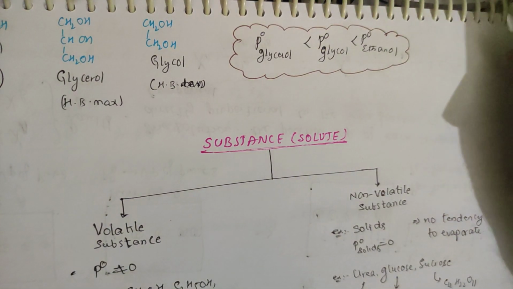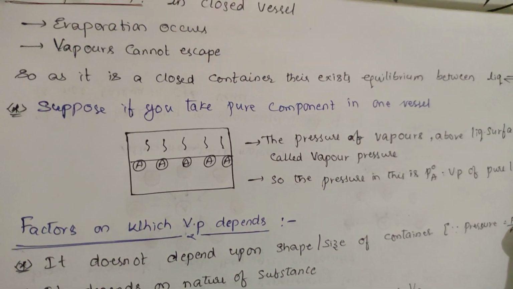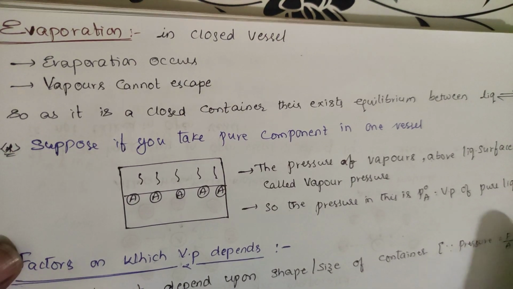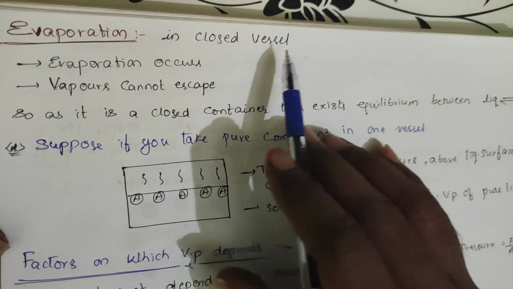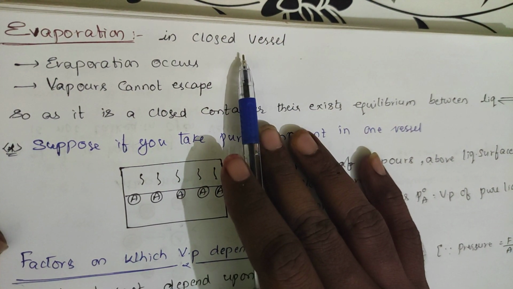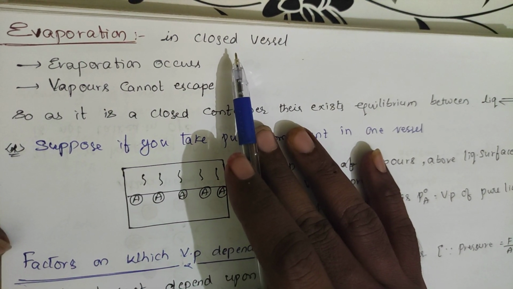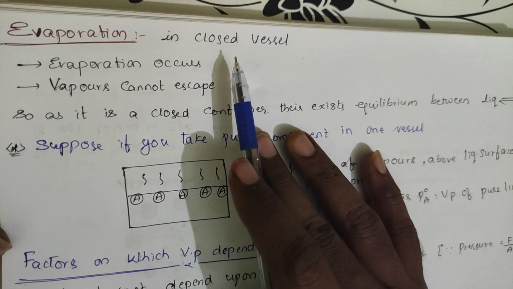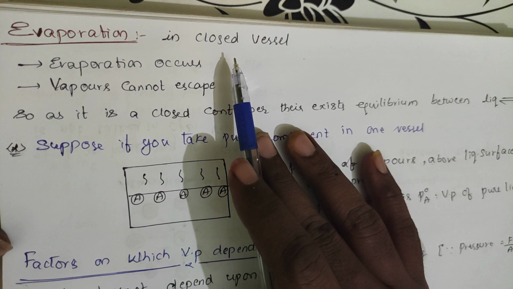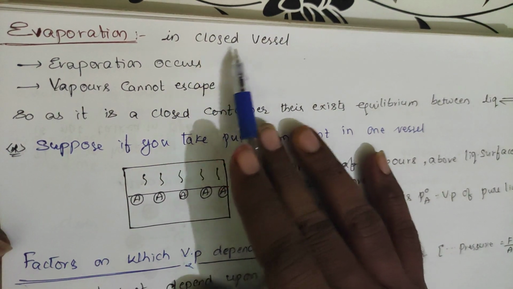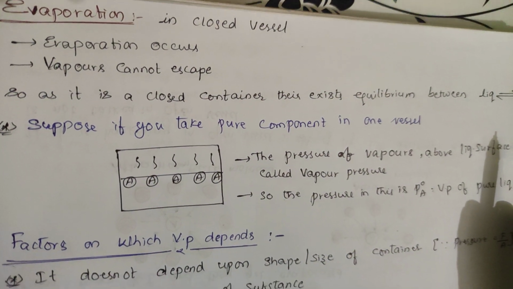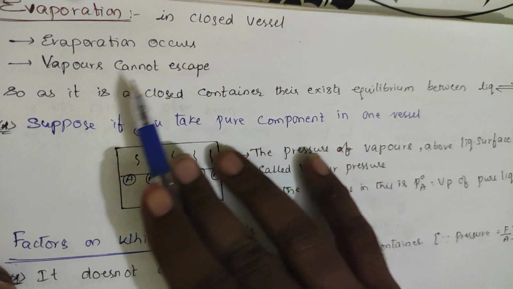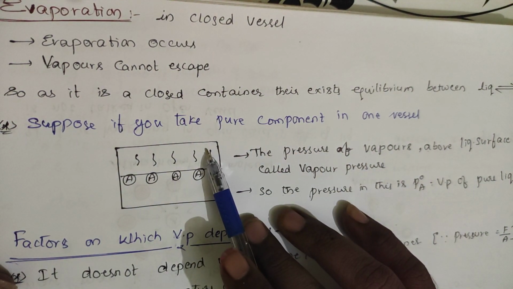And if you talk about evaporation with respect to the closed vessel, what happens? Evaporation occurs in a closed vessel. If you take a glass of water and you close it on the top, there is no contact of the water molecules with the atmosphere, right? So what happens now? Evaporation occurs, and the vapors cannot escape from that particular vessel.